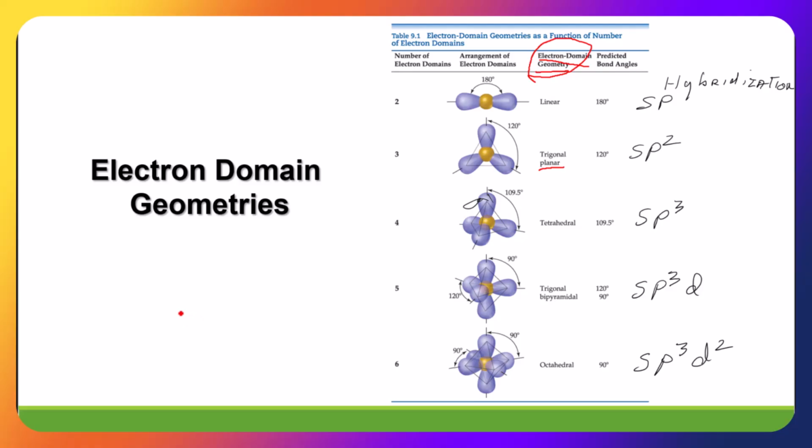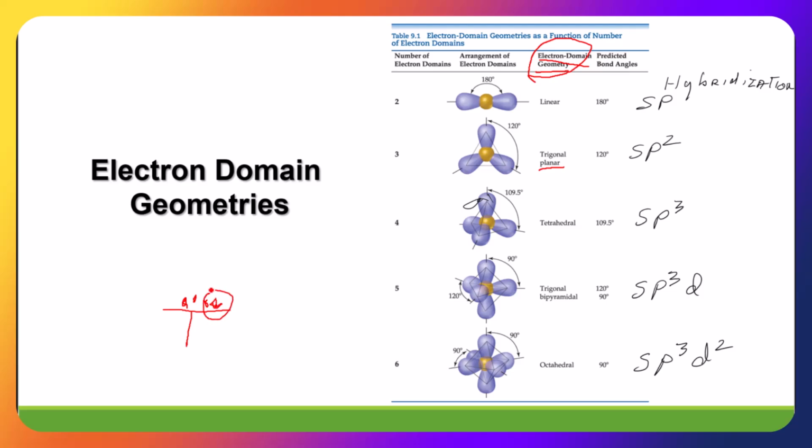So if I had something that looked like this, and there's a pair of electrons, there's a pair of electrons, all right?